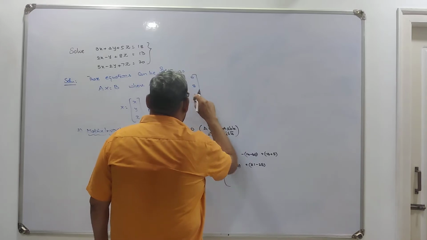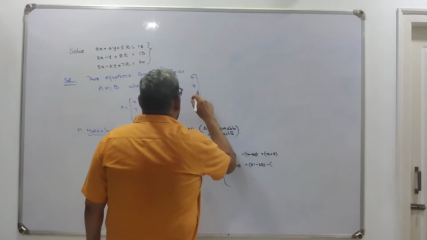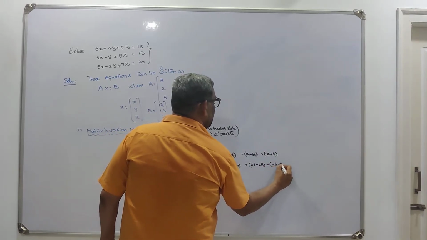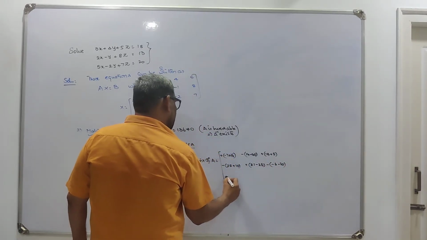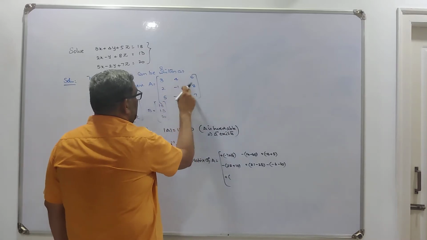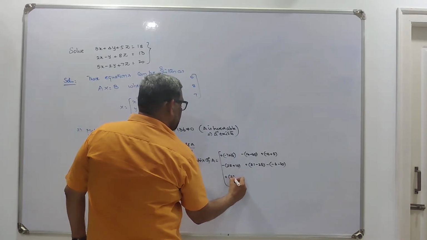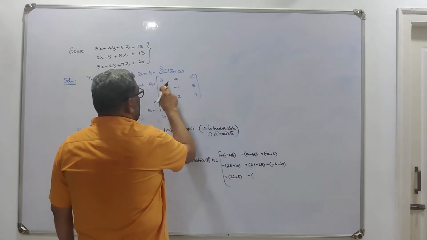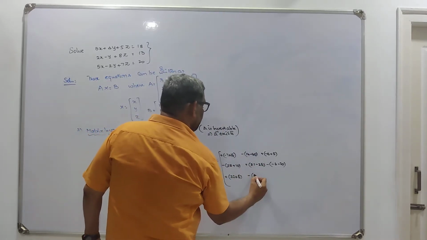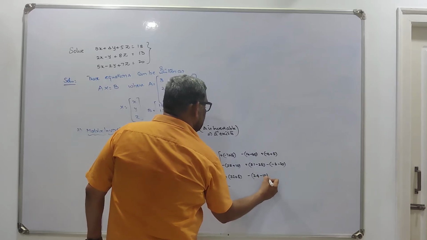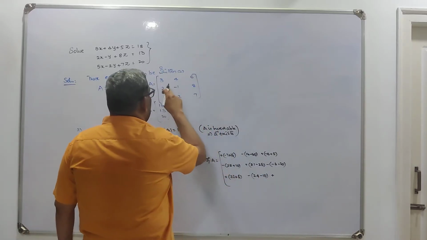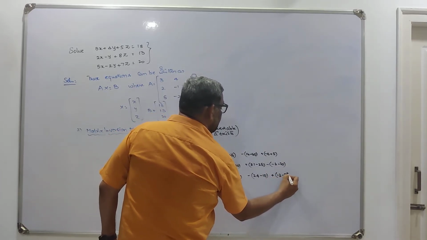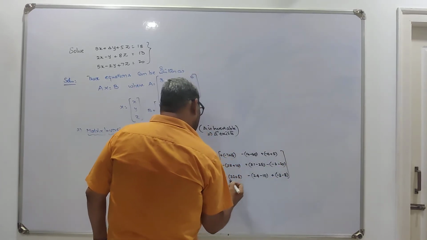Next, for the 8, minus, this is minus 6 minus 20. Next, plus, for this element, 32 plus 5. Minus, for this element, 24 minus 10. Next, plus for this one, minus 3 minus 8. So this is the cofactor matrix.